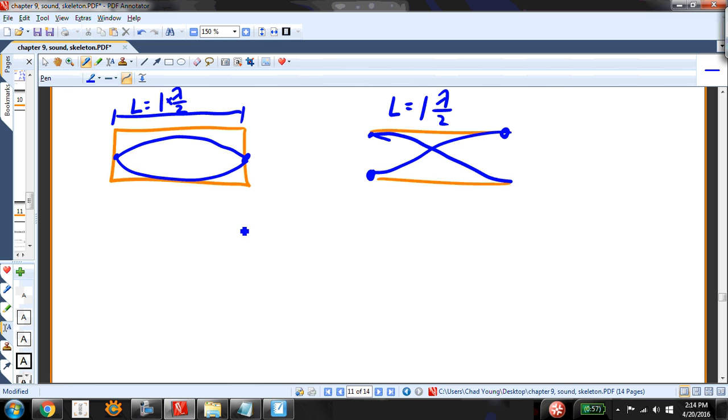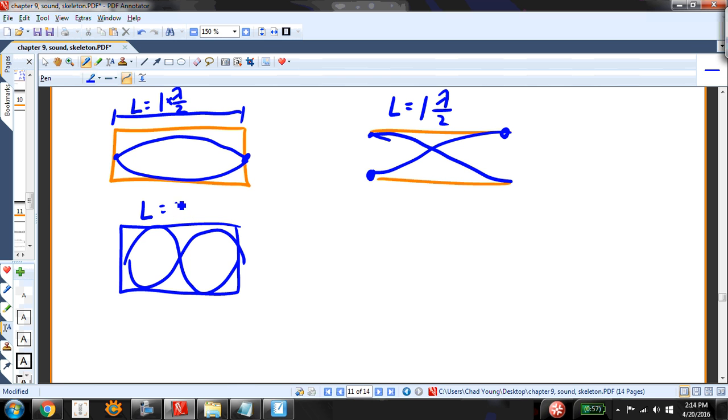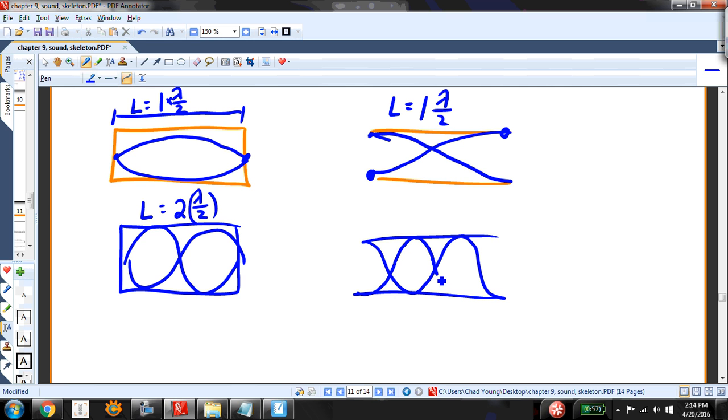Now, if I fit in a second harmonic, it's going to look like this. Here I get in a full wavelength, or I'll call it 2 half wavelengths. And in a similar way over here with the closed pipe, I get 1 wavelength here, 2 wavelengths here.